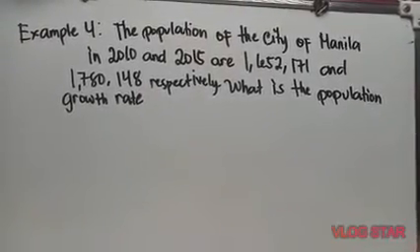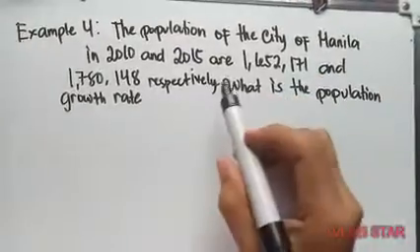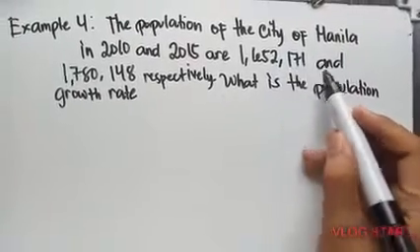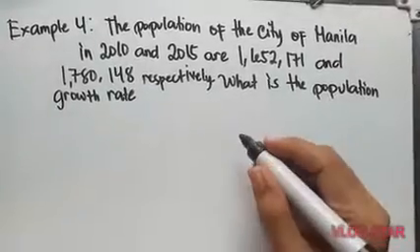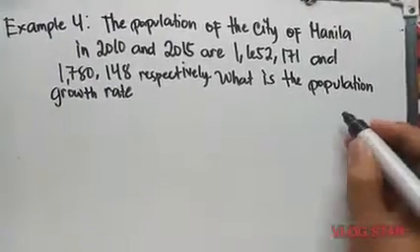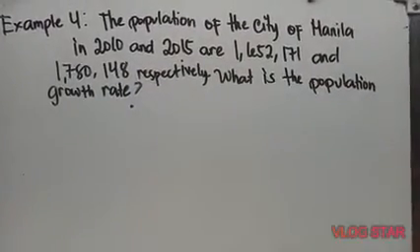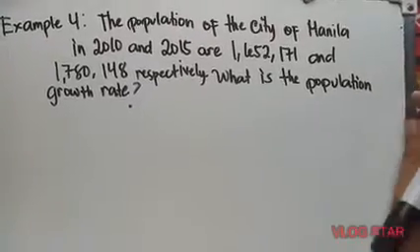The population of the city of Manila in 2010 and 2015 are 1,652,171 and 1,780,148 respectively. What is the population growth rate, or what we call the percent of increase?